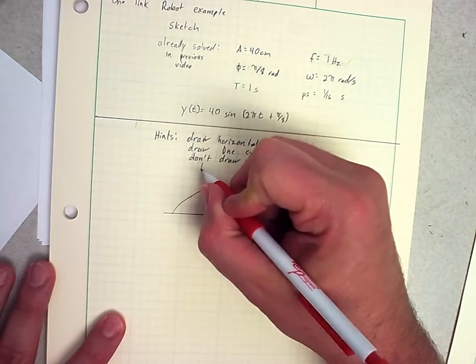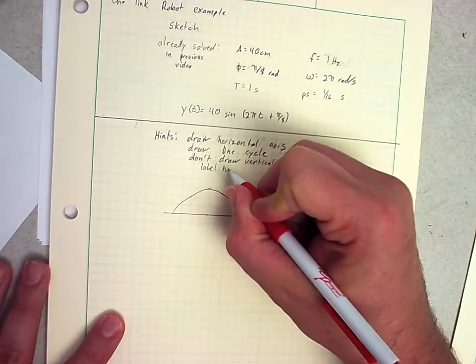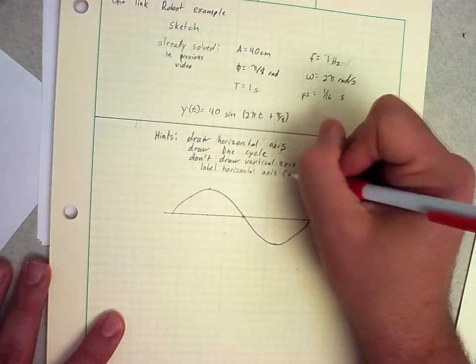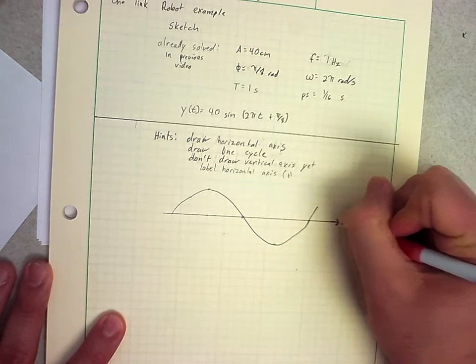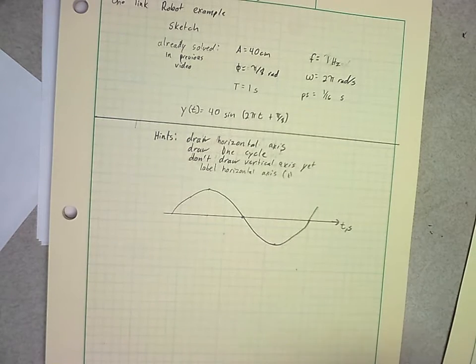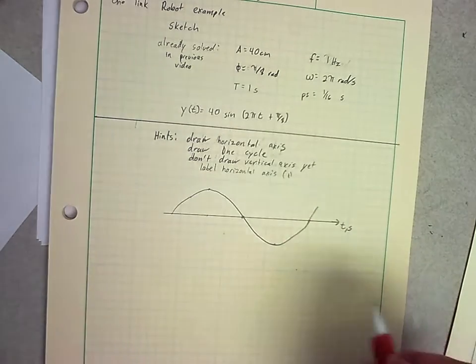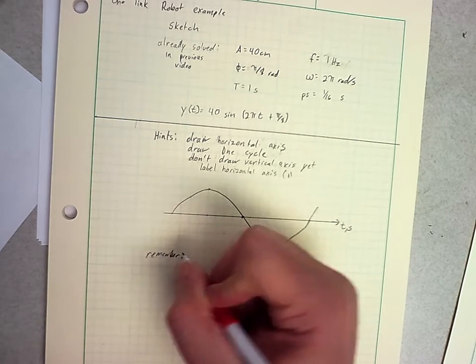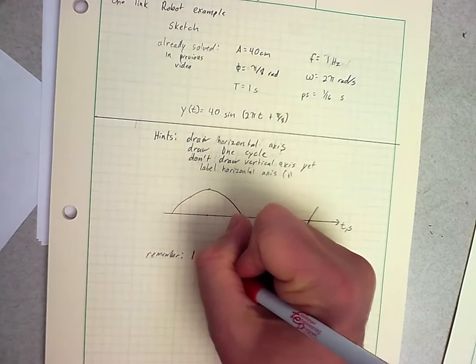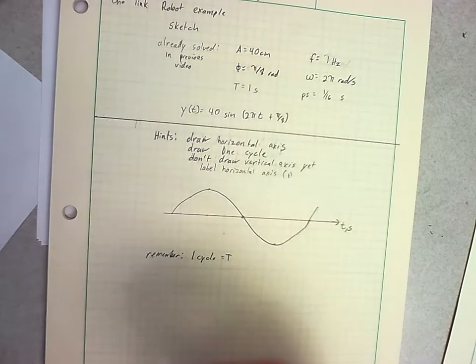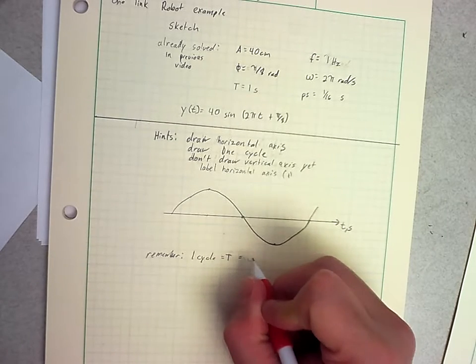And then I can label the horizontal axis. In this case, it's going to be t, which is measured in seconds. That's what I want to get to at that point. And then I can start remembering my other things. One cycle is T, our period, which for our example is 1 second.